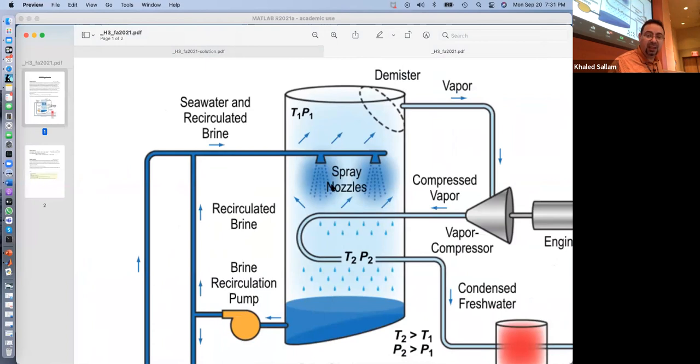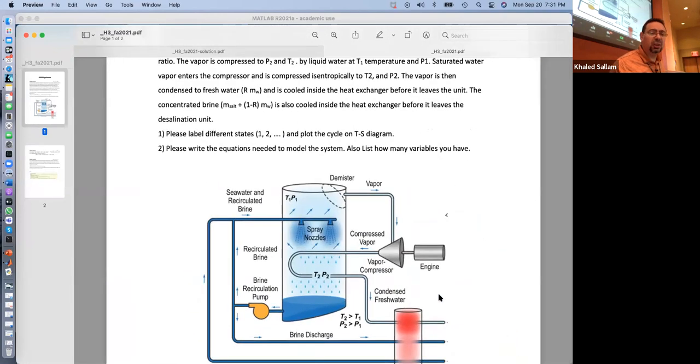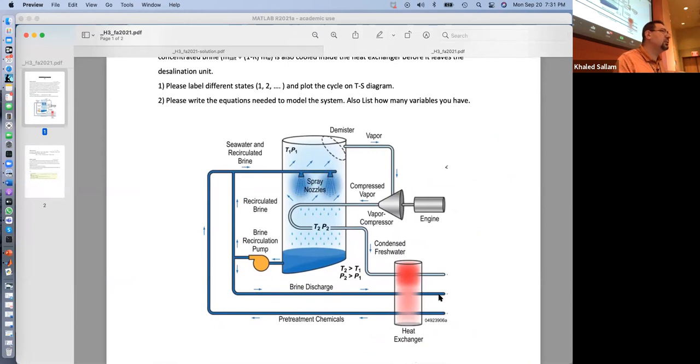Liquid is being sprayed and it becomes vapor. Isn't this the boiler? You are heating it with this stream, but it doesn't matter what is in the pipe, whether it's hot vapor or hot gases, right? So my point is, it's not totally out of your jurisdiction. It's part of what you studied, but the arrangement is new.